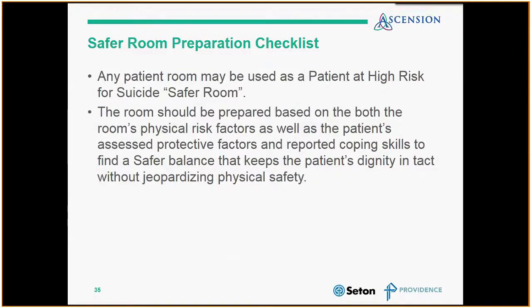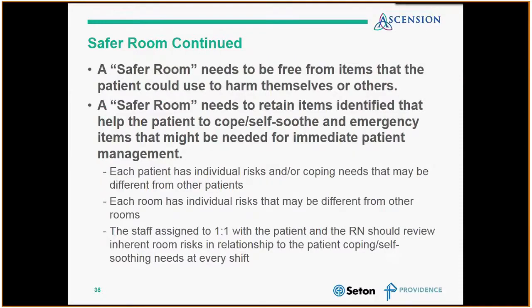A SAFER room preparation checklist is a form that will be used for all suicidal patients. This is because any patient room may be used as a safer room for a patient at high risk for suicide. The room should be prepared based on both the room's physical risk factors, as well as the patient's assessed protective factors and reported coping skills, to find a safer balance that keeps the patient's dignity intact without jeopardizing physical safety.